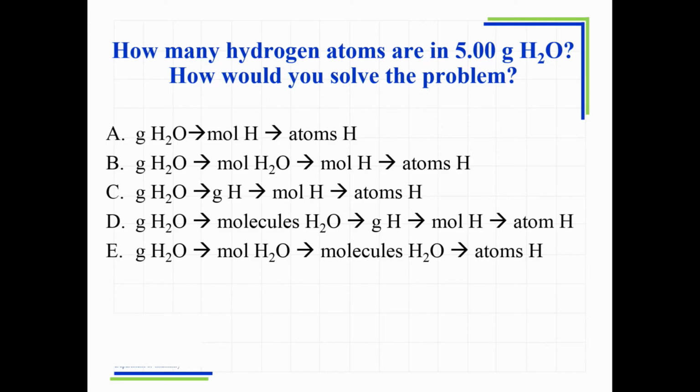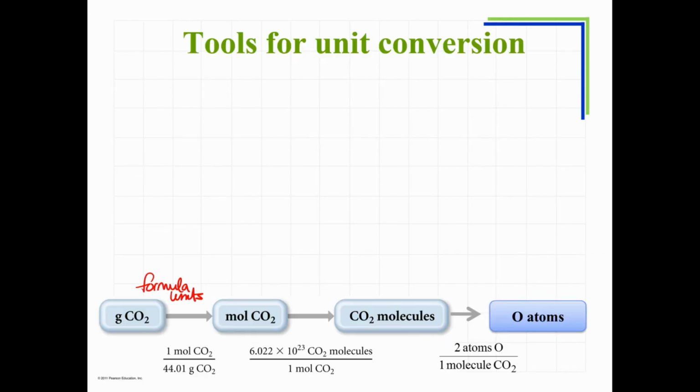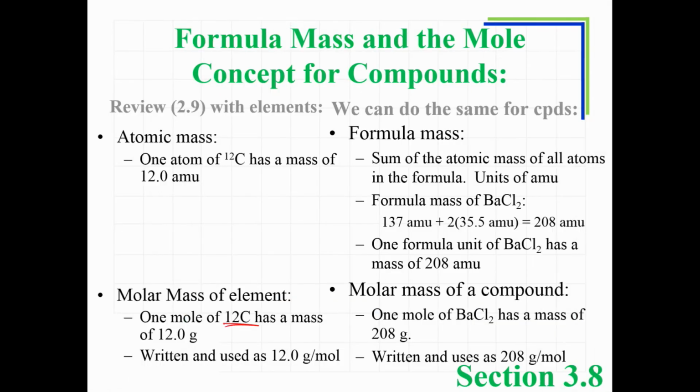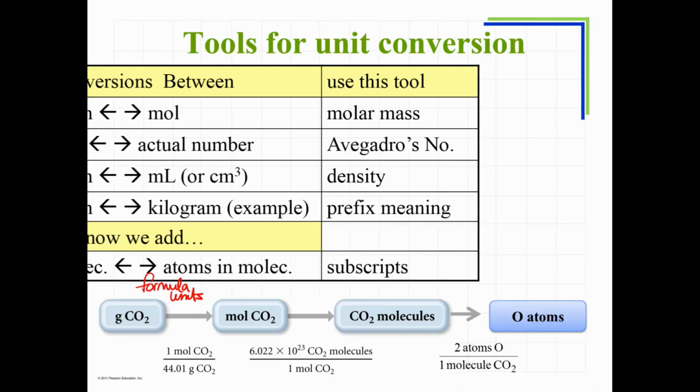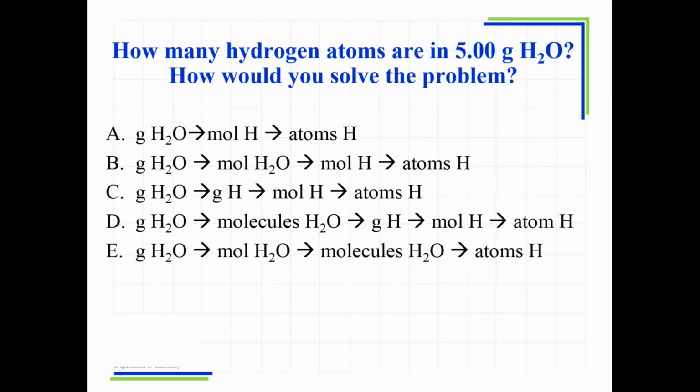Now, if I were to solve this problem, I could get to the answer in one of two ways correctly. I could either go the route of B, that would be using tools correctly. Here we go.